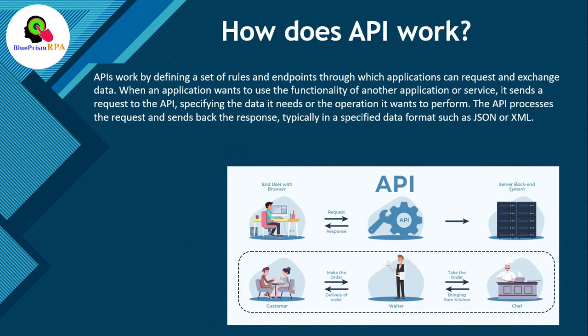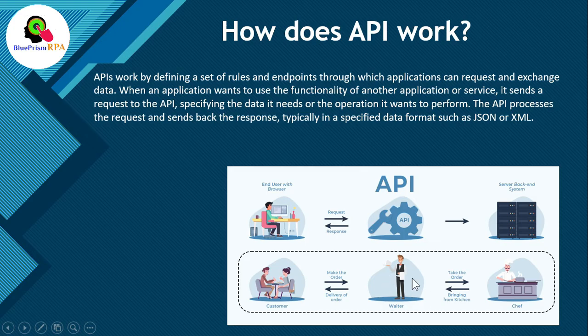You can see in this screenshot we have this end user with browser, this is API and this is server. So the requester is requesting for data using this API, right? Requesting the data using this API, and then API is just going to this server and then getting the data and then giving the response to this end user.